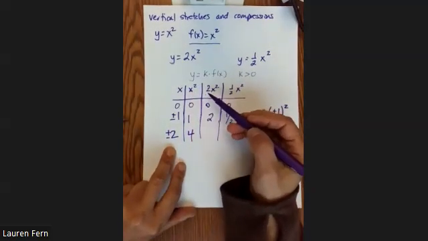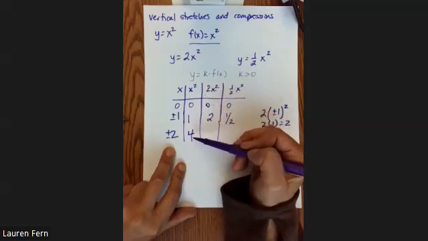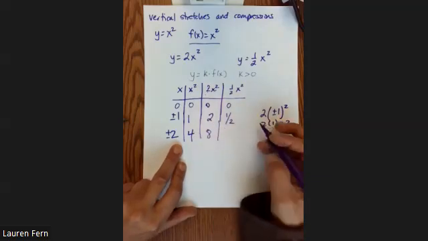Now notice what I'm doing is taking 2 times whatever my function value is. What is 2 times 4? 8, right?